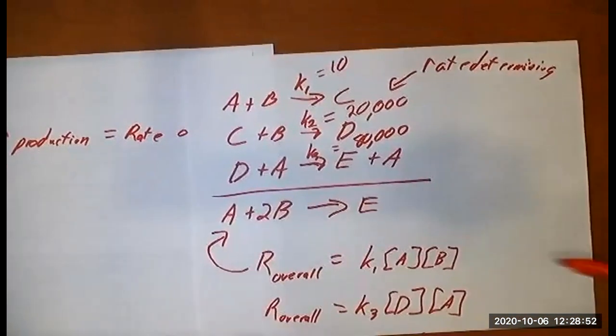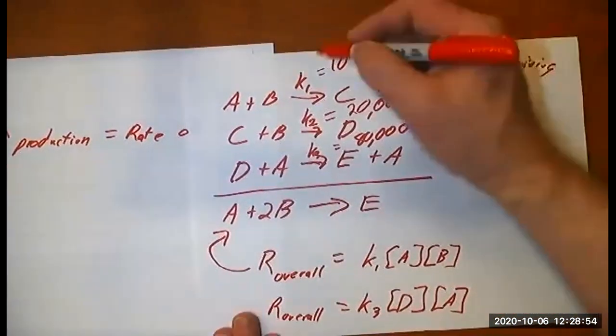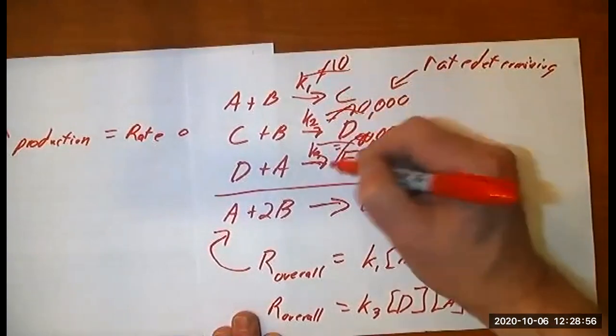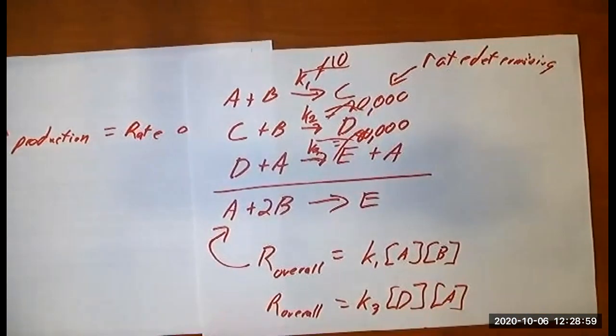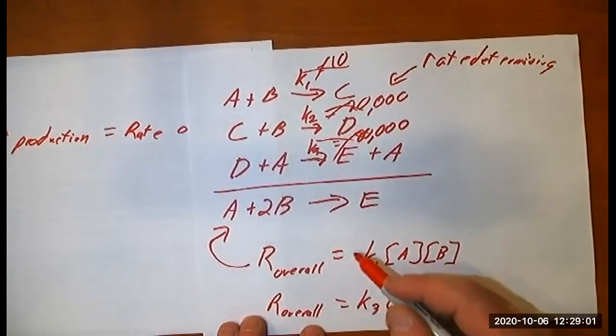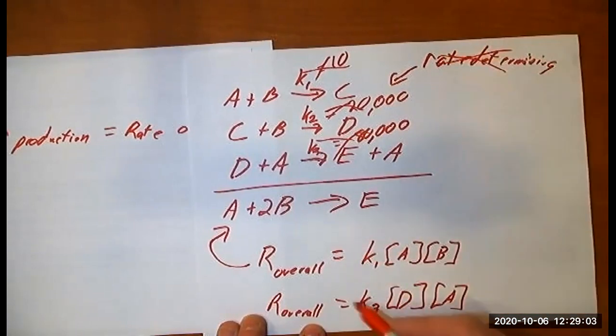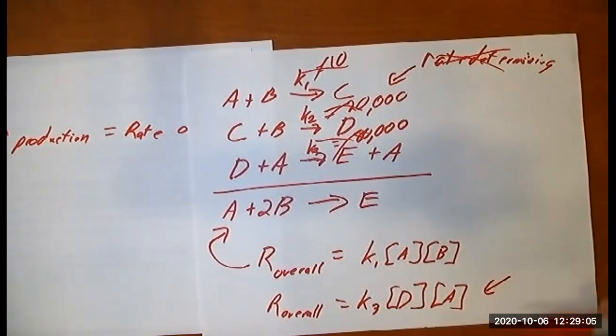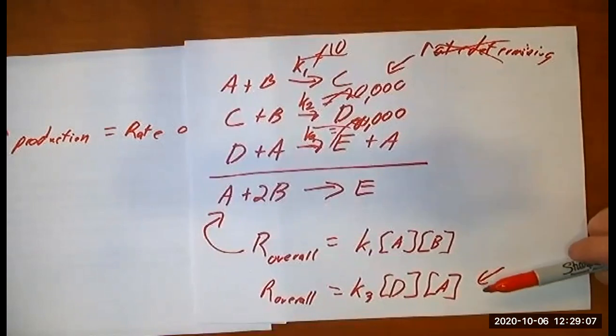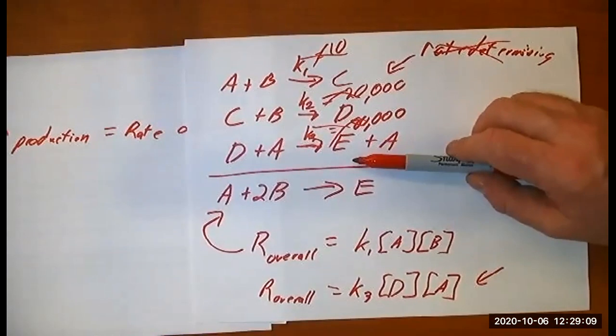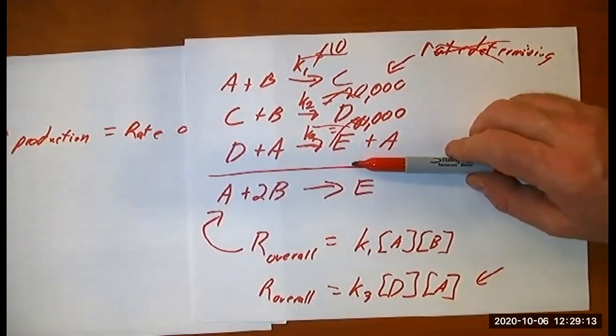Let's suppose that we're not told the rate constants up here, and so we can't just say that this is rate determining, and instead we have to look at the production of E as the final product that we have.